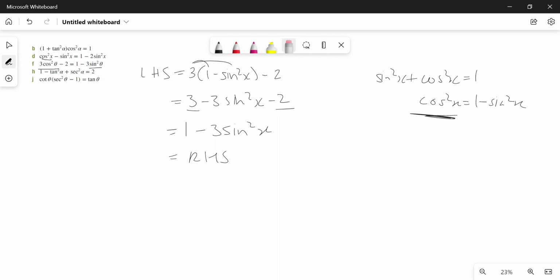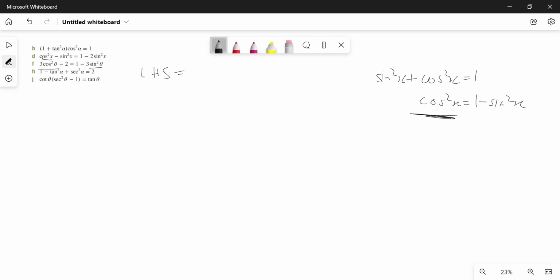Alright, let's look at H. We've got 1 minus tan squared x plus sec squared x equals 2. So again, let's use our Pythagorean identity: 1 plus tan squared alpha equals sec squared alpha.